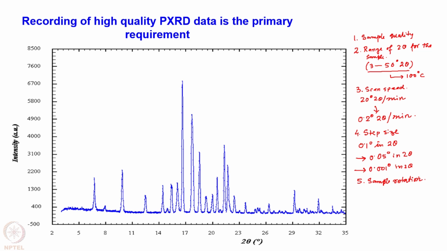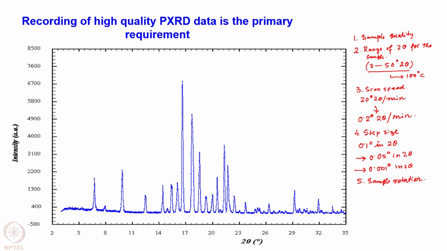So if that happens, then some of the peaks which are coming from those pre-aligned crystalline particles will have unusually higher intensity compared to the other peaks, which is called a preferred orientation effect. So to avoid that preferred orientation effect, one has to rotate the sample about its axis during the data collection. Normally it is done at about 100 to 120 RPM speed.